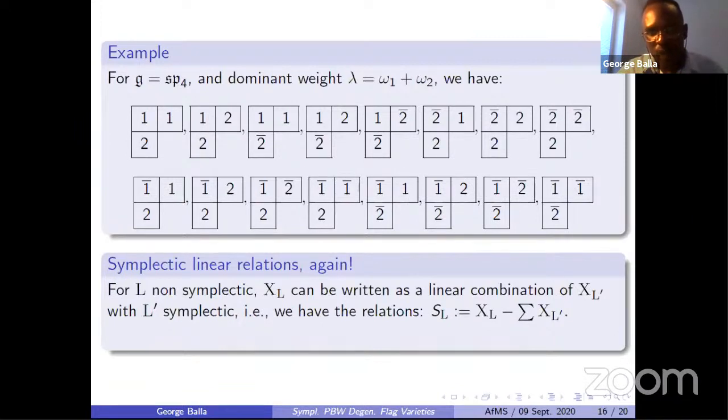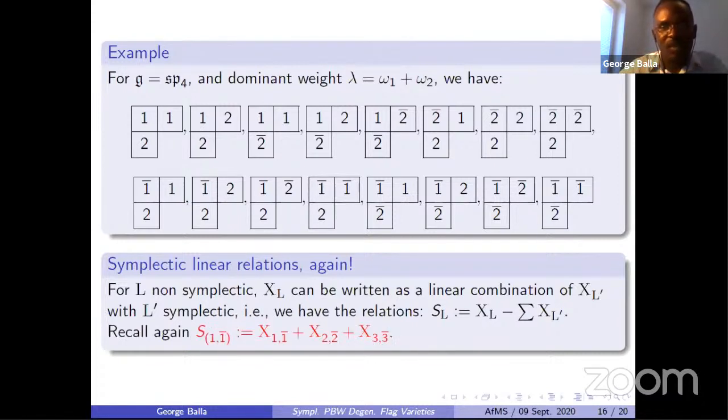So these relations are giving us a way of writing a variable corresponding to a non-symplectic sequence as a sum of symplectic ones. So we can replace a non-symplectic variable by a sum of symplectic ones.